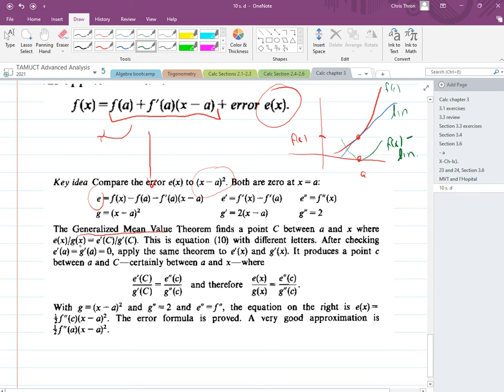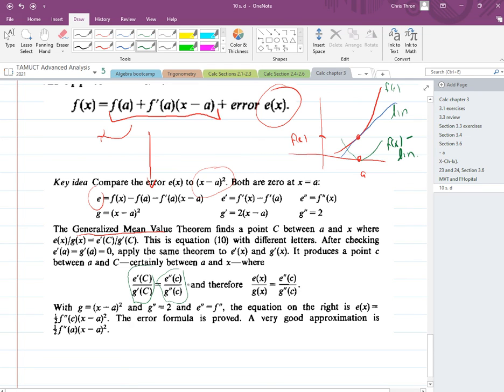Okay, all right. So if I take e of x over g of x, there's some point where e of x over g of x is equal to e prime of c over g prime of c, where c is between a and x. Right? Now, you can also check that e prime and g prime are both 0 at a, and apply the same theorem again. This produces a point c, little c, where the second derivative ratio is equal to the first derivative ratio.